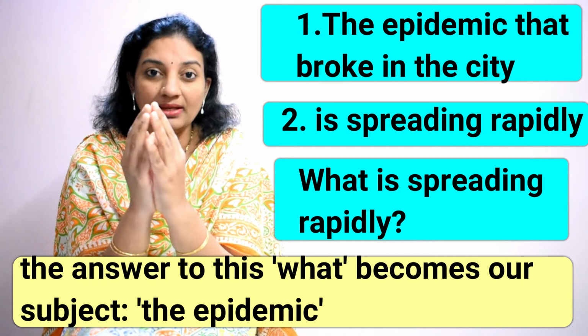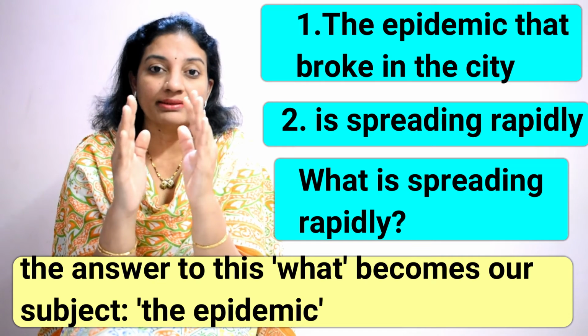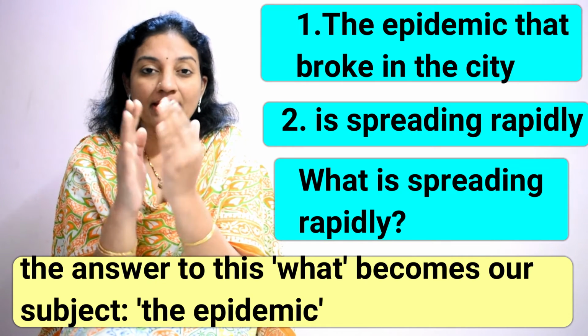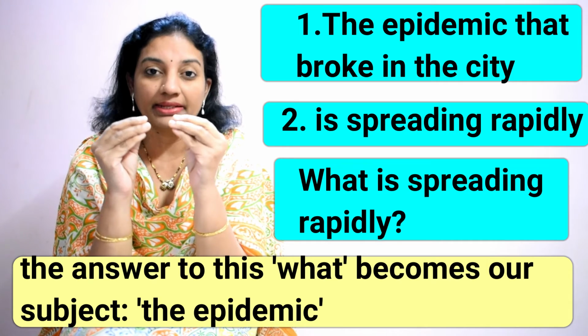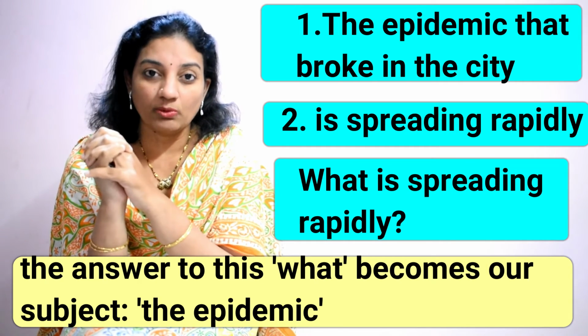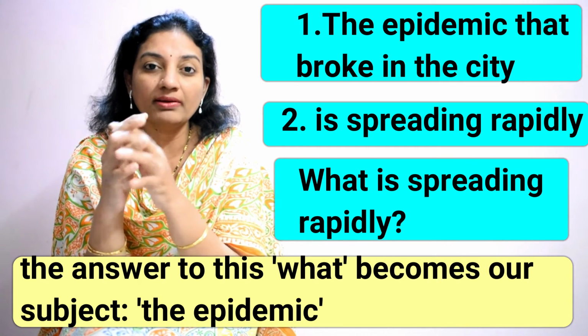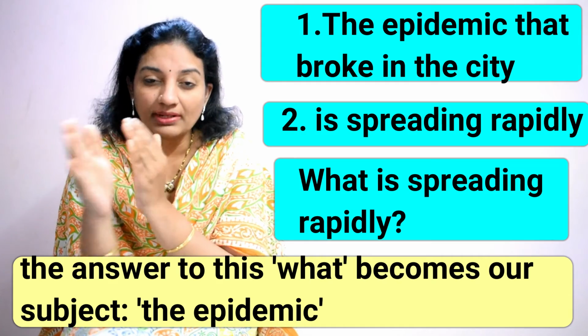Okay. So here this clause, the entire clause, is acting as a subject over here. Okay. The epidemic is the real subject over here. We are talking about the skin disease. Forget about the rest of the thing. The epidemic is spreading rapidly. We have complete meaning. So obviously that is the subject over here.